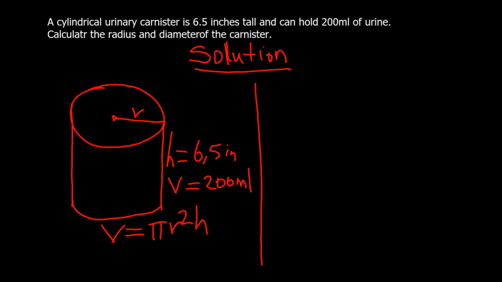Now, since we have the height in inches, we might want to convert the volume to cubic inches. So the volume is equal to 200 times 0.061 cubic inch, because one milliliter is equal to 0.061 cubic inch.